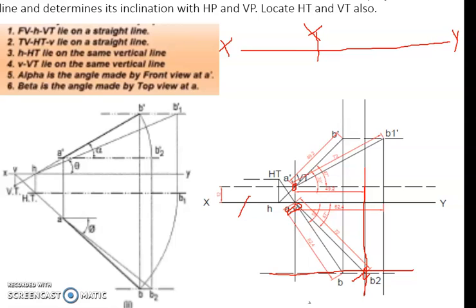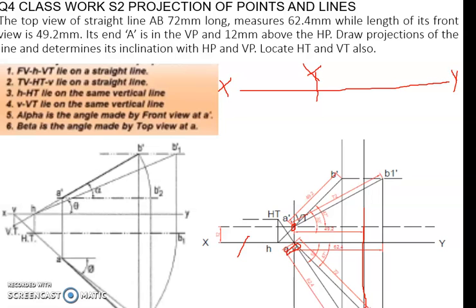point. Okay, the A point is on the XY line. What is given? 12. The question is not visible to you, I think. Let me extend this.